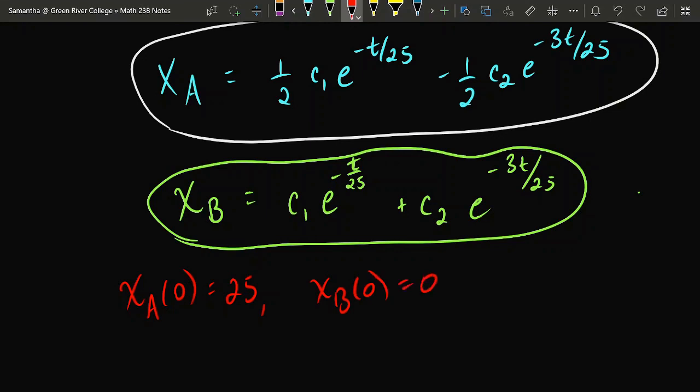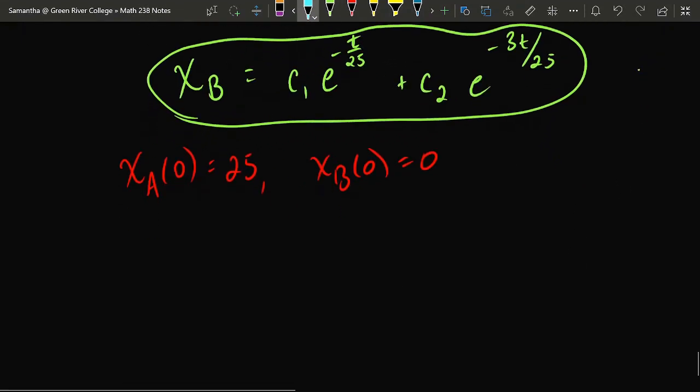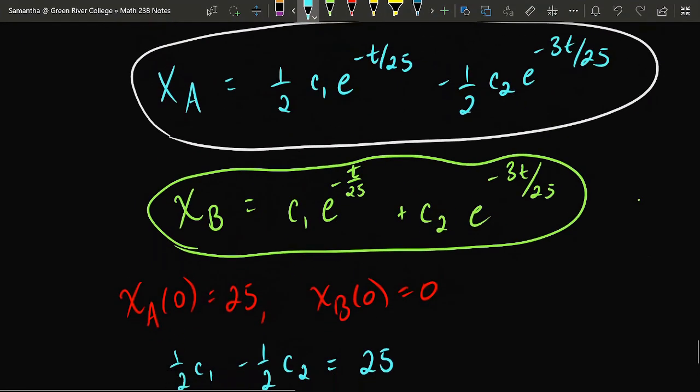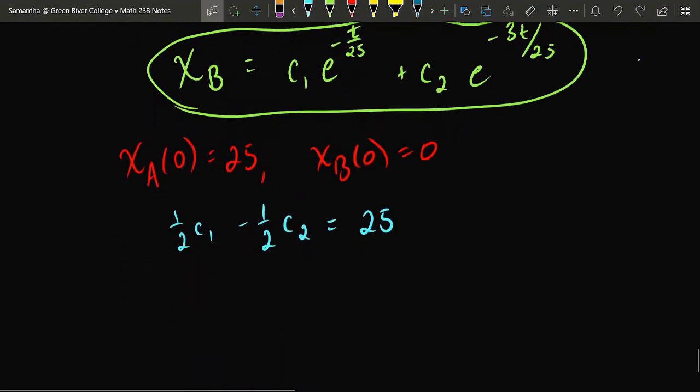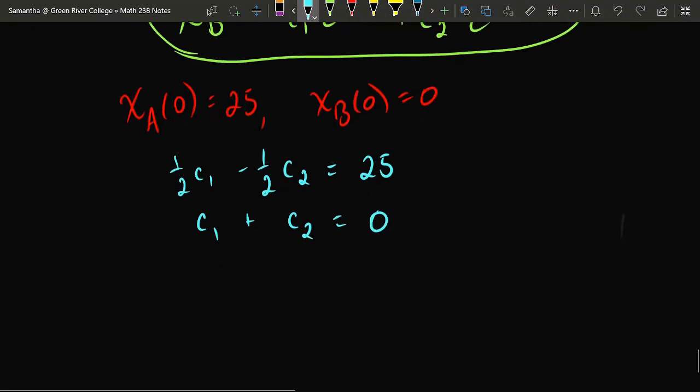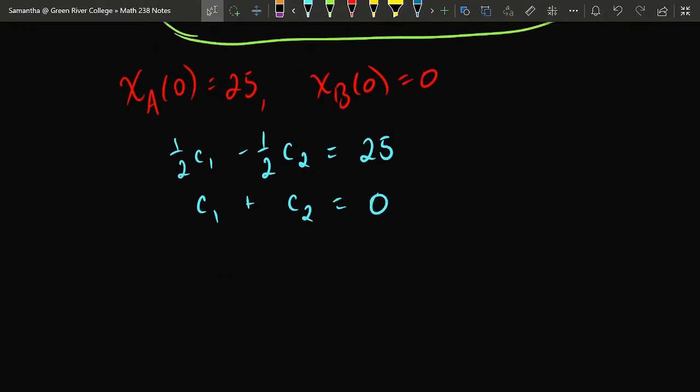Now if I plug 0 into xa, I get 1/2 c1 minus 1/2 c2 is equal to the 25 pounds of salt that was in tank number A initially. If I plug 0 into xb, I get c1 plus c2 is equal to 0, the amount of pounds of salt that was in tank B initially.